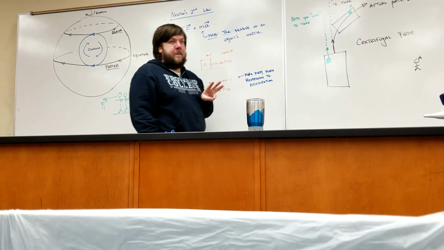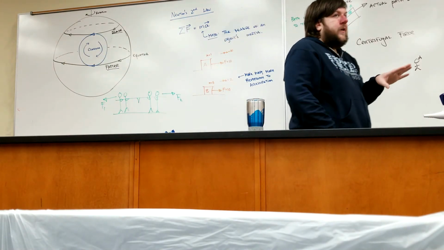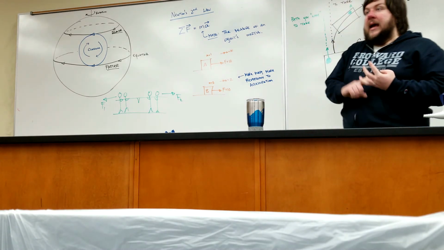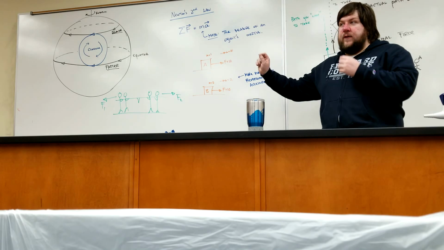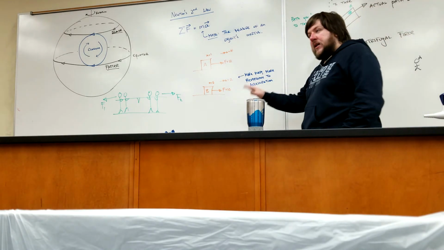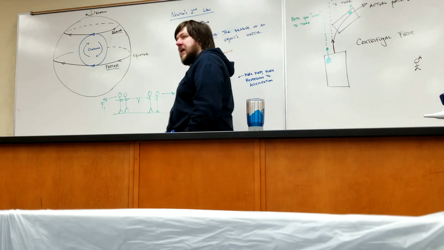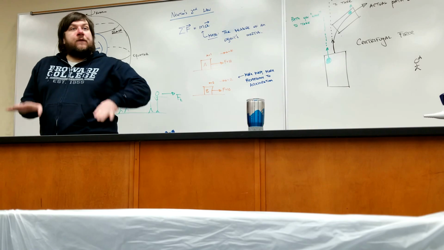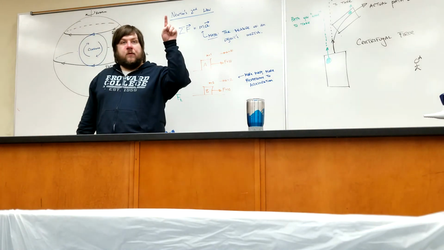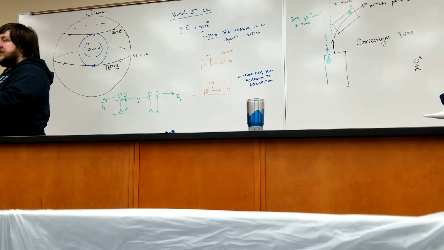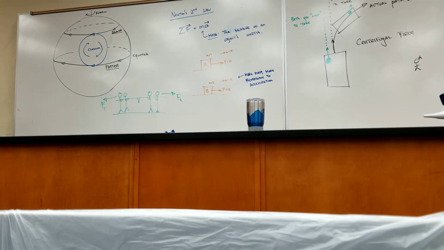All matter in the universe is made up of protons, neutrons, and electrons. Every single proton in the universe has the exact same mass. Every single electron has the exact same mass. Every single neutron has the exact same mass. So for any object, if you count up the number of protons, neutrons, and electrons, that will tell you how much mass the object has.